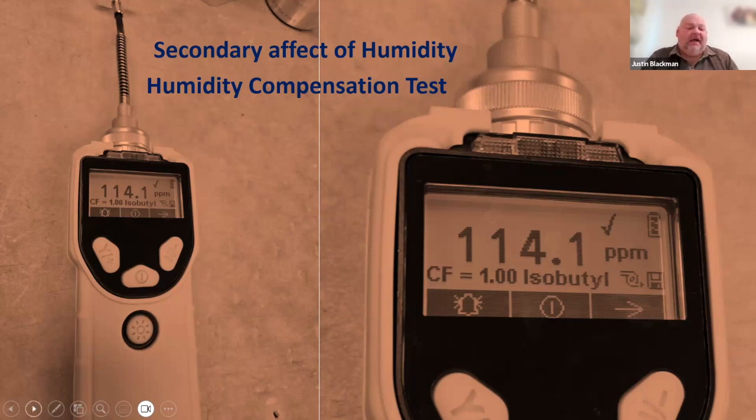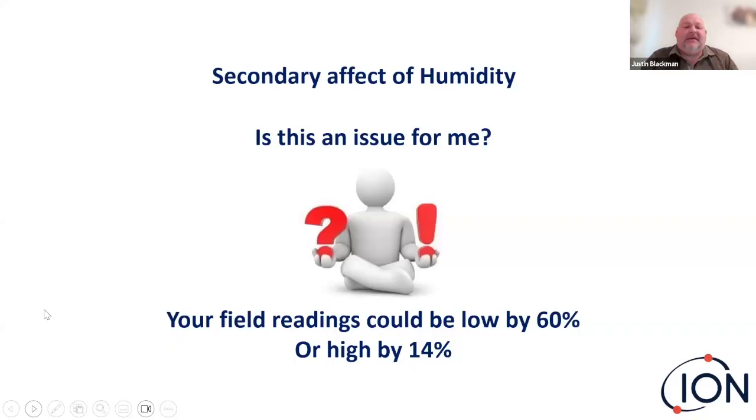Now, we'll move on from there a tiny bit. From that secondary effect of humidity, I hope you're filled a little bit more with some information. You could have a reading as low as 40 or 50% drop, and you could have an instrument overshoot.